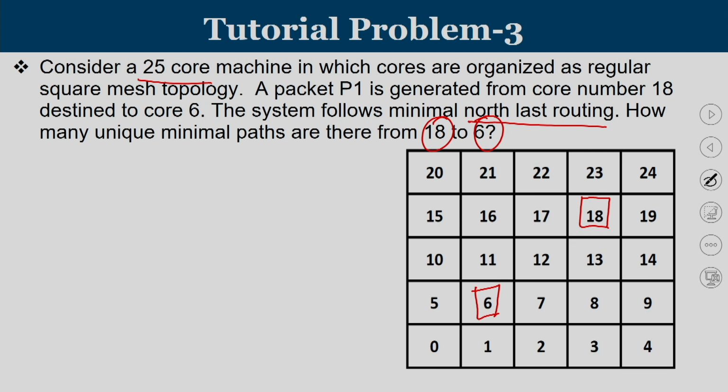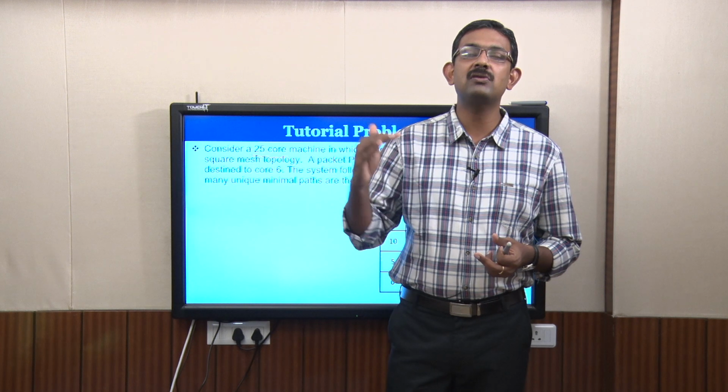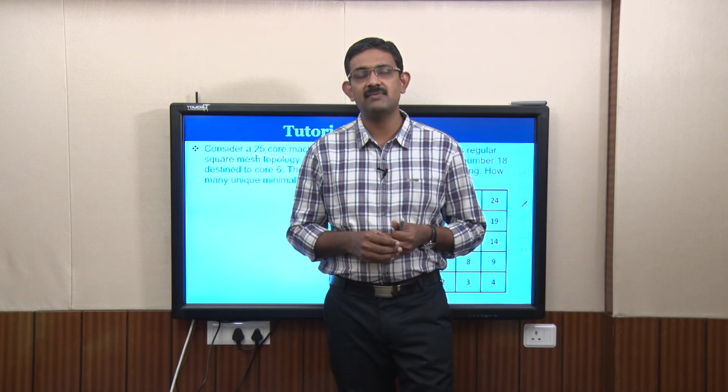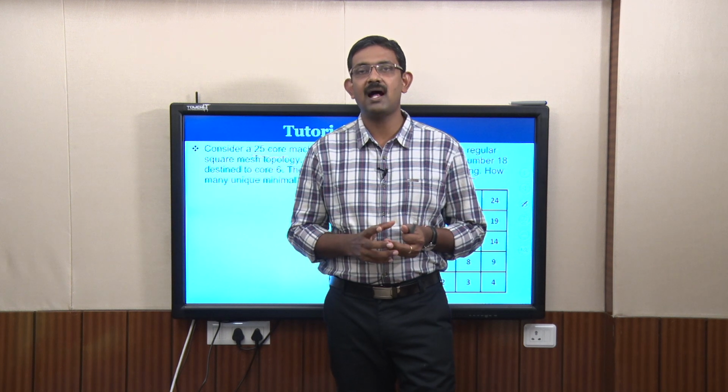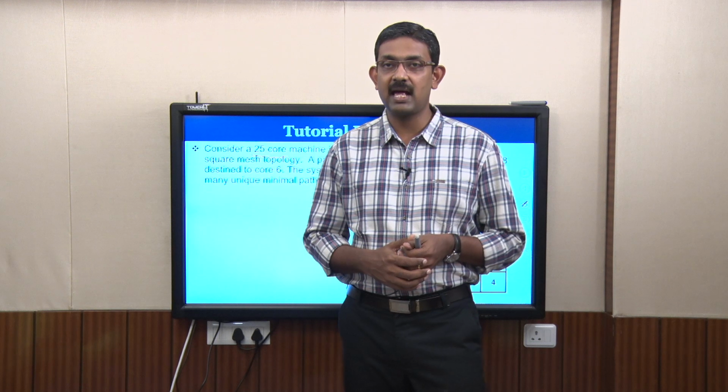So, we have to understand that the destination is on the south side of the source. Source is 18, destination is 6. Naturally you have to travel towards the southward direction, and the routing mentioned is north last routing. So, there is no need to travel towards the north direction.